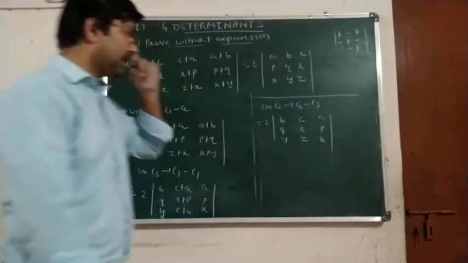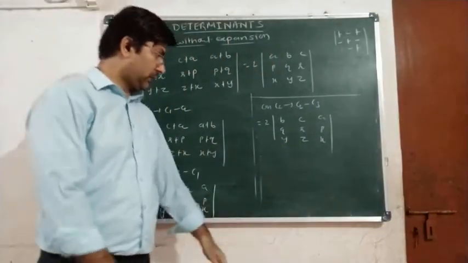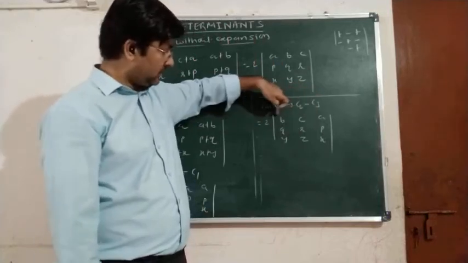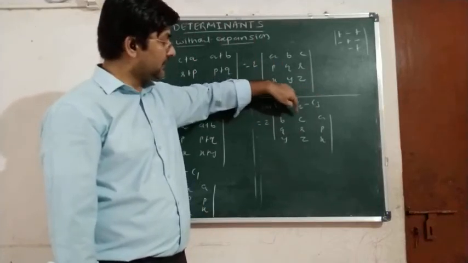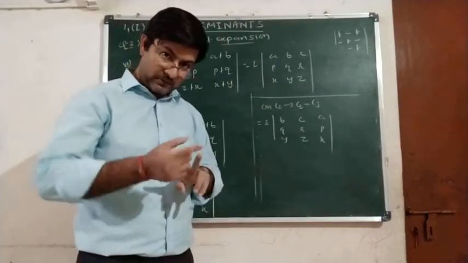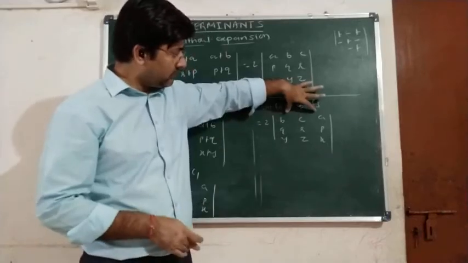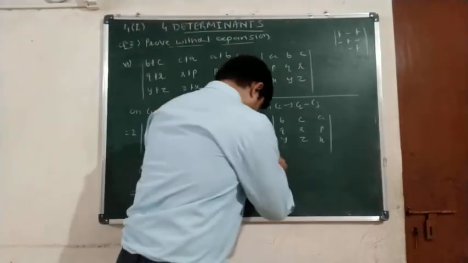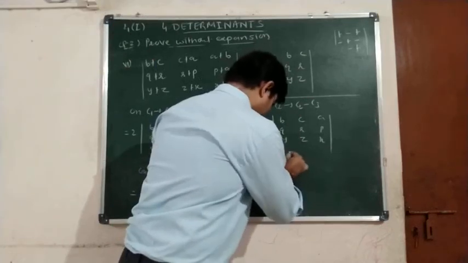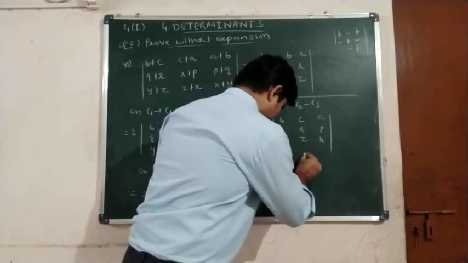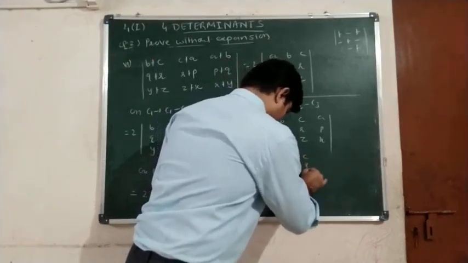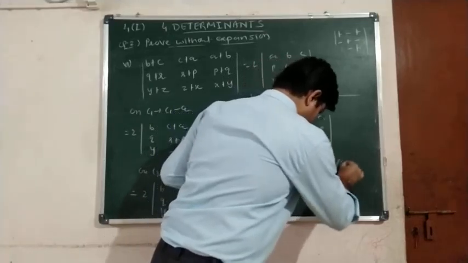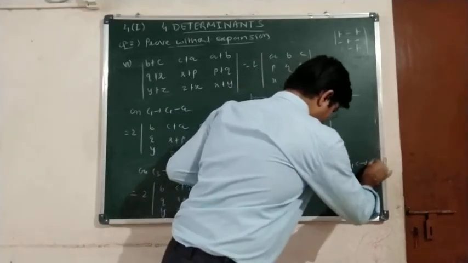Now we have to just arrange them in order. Okay, so we want the third column as the first column and the second as the third. So 2 times we will interchange. First we will interchange C1 and C3. So minus sign. Okay, A, P, X, C, R, Z and B, Q, Y. What we have done, C1, C3.